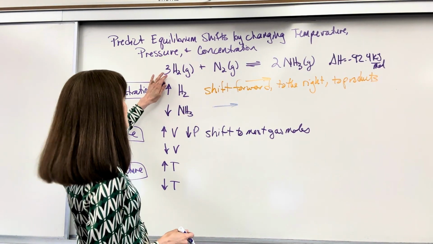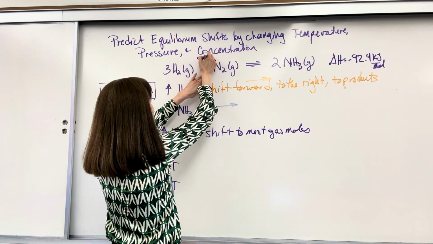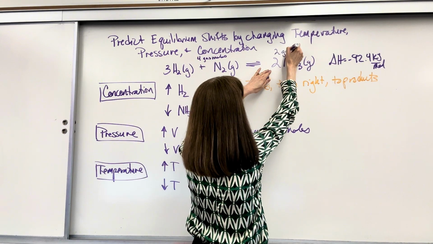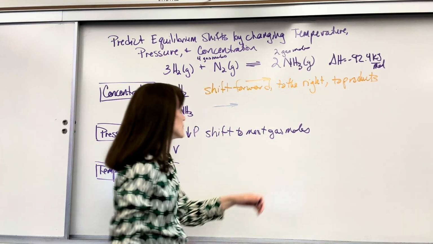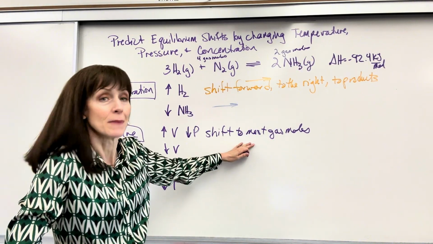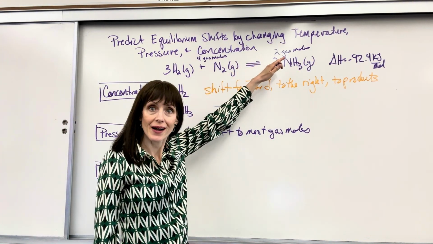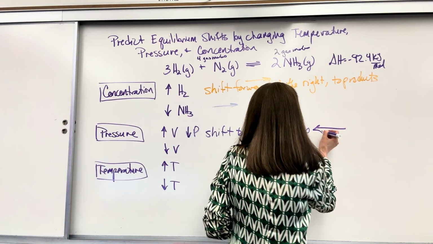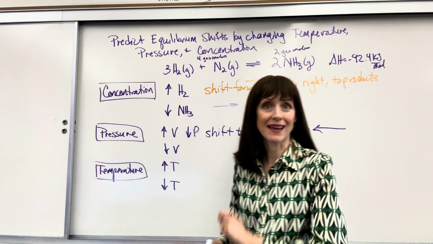I have 1, 2, 3, 4. So 4 gas moles. Over here, I only have 2 gas moles. Which side has the most? It's the products. Oh, excuse me, it's the reactant side. So this is going to shift reverse because it has the most gas moles.